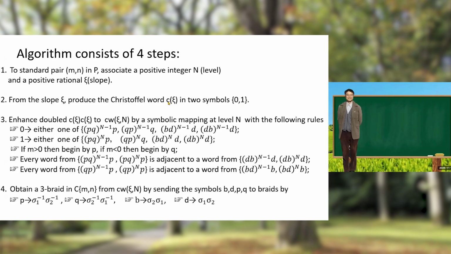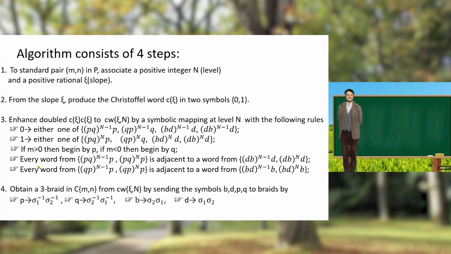Then we repeat the Christoffel word twice, double it, and then, according to the level n, we enhance this doubled Christoffel word by a certain rule. So 0 goes to one of these four symbols, 1 goes to one of these four symbols, and if m is positive, then begin with P, and if m is negative, then begin with Q.